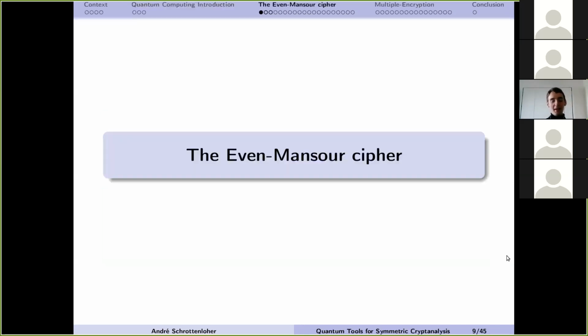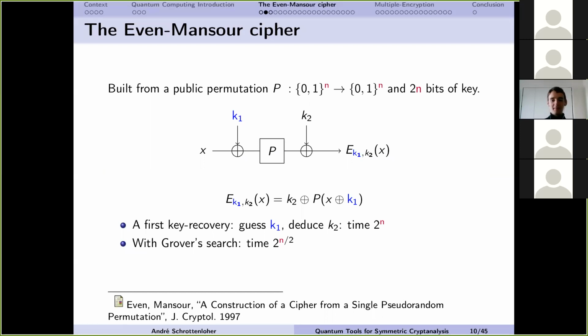Okay, now let's have a look at our first target, the Even-Mansour cipher. Even-Mansour is a very simple construction. It's very nice. It's the simplest construction of a cipher from a public permutation, and it was proposed in 1997.